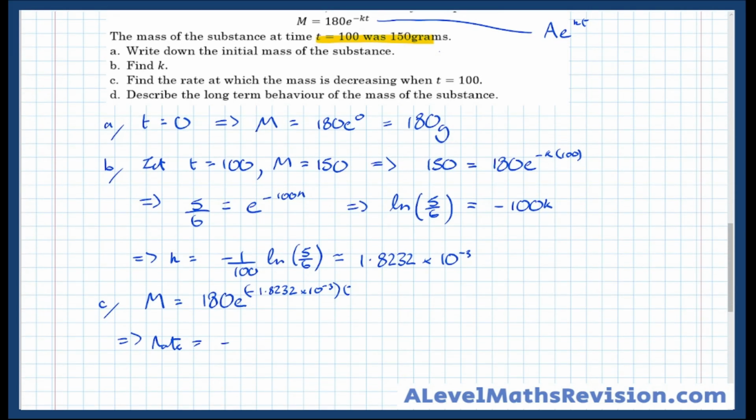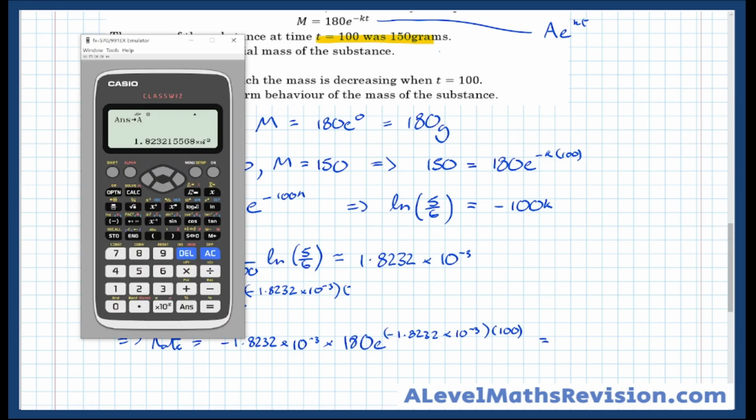So minus 1.8232 times 10 to the negative 3 times 180e to the negative 1.8232 times 10 to the negative 3 t. And we know that the time was 100 there, which is equal to, and remember we stored that value in the letter A, so to speed things up we'll recall it.